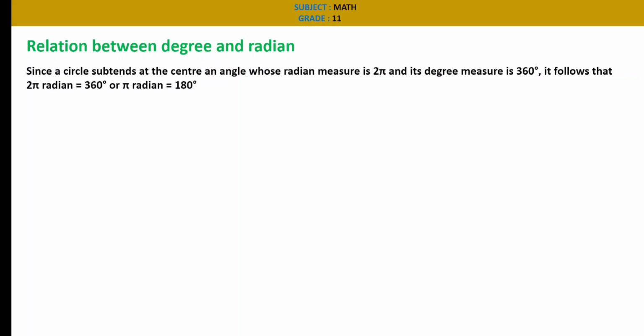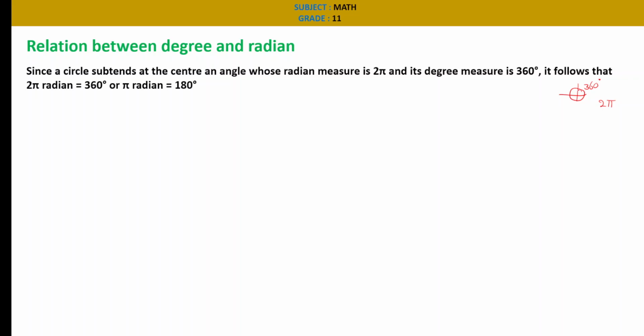Since a circle is obtained at the center by an angle whose radian measure is 2 pi and degree measure is 360 degrees, we observe here a circle. Then the angle at this point is 360 degrees, and in radians this is 2 pi.